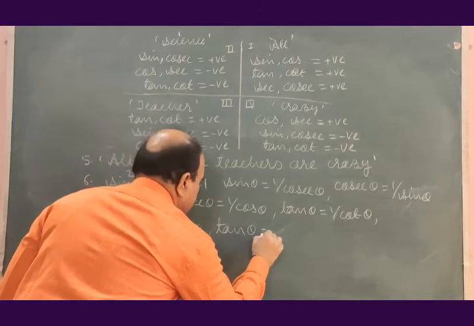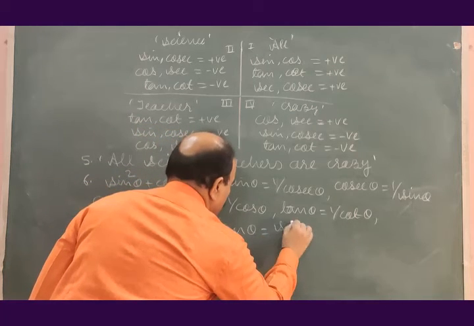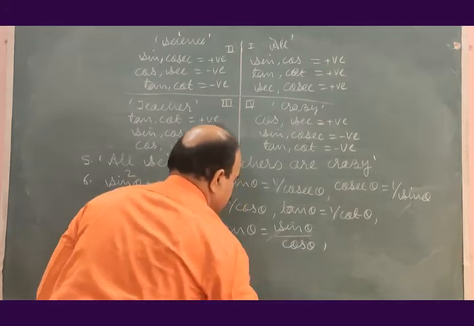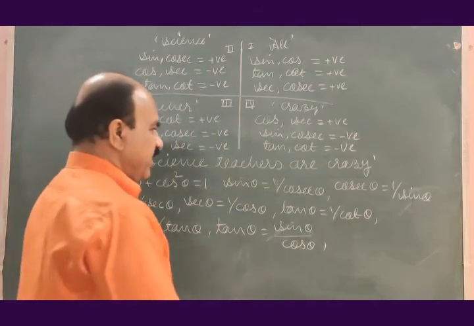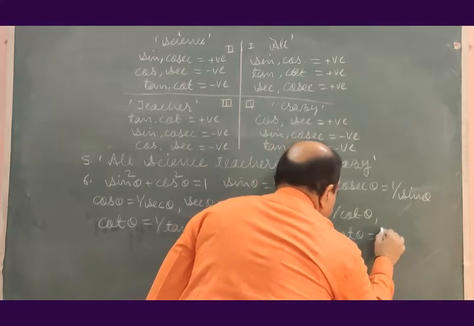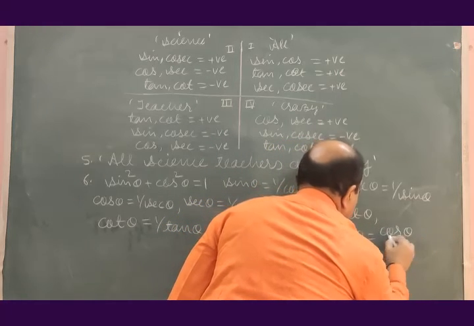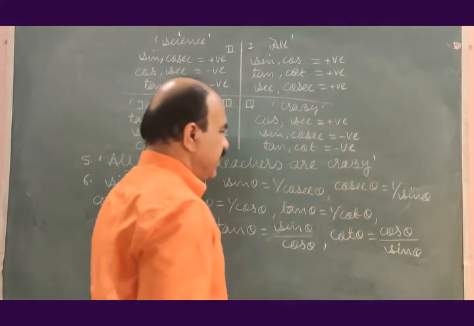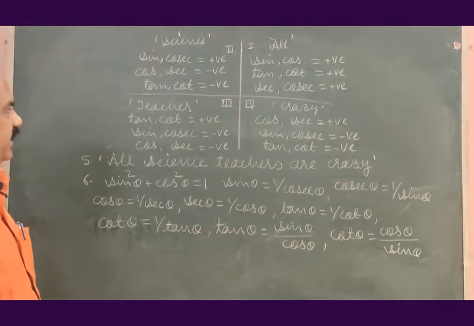Then tan theta is equal to sin theta divided by cos theta. Cot theta is equal to cos theta divided by sin theta.